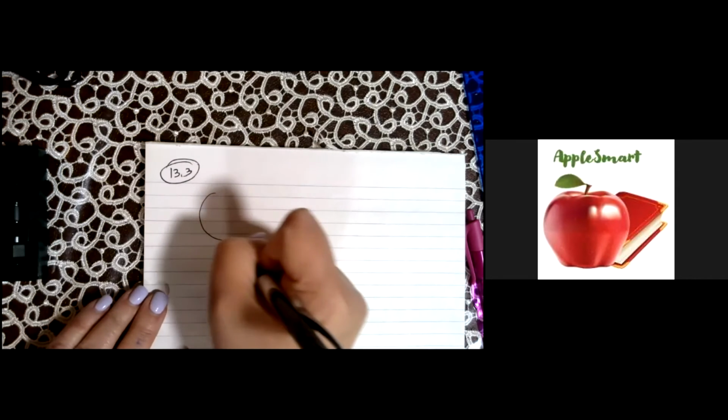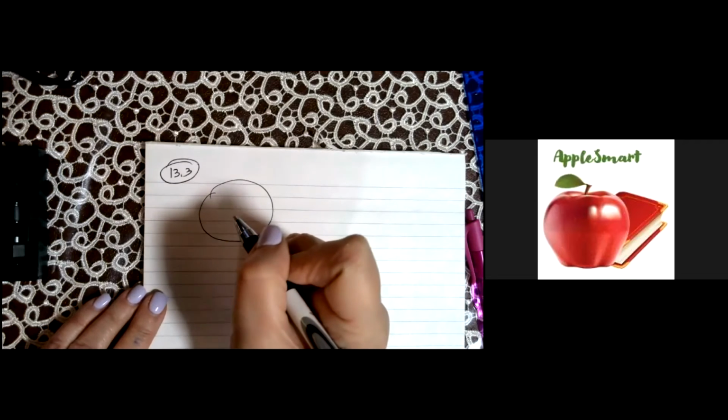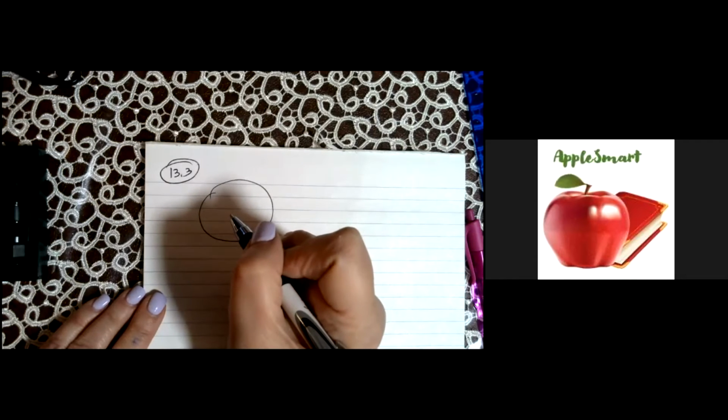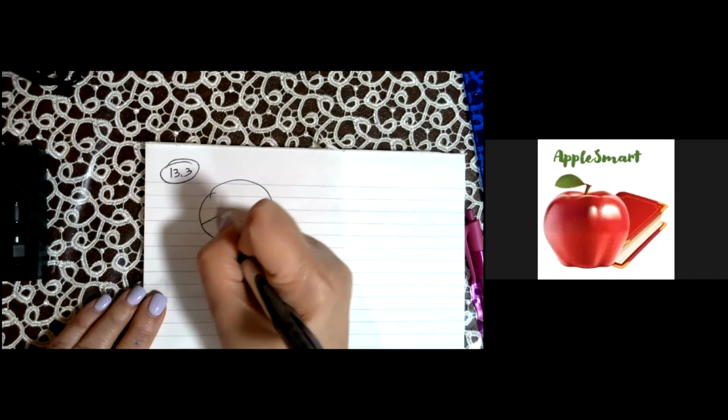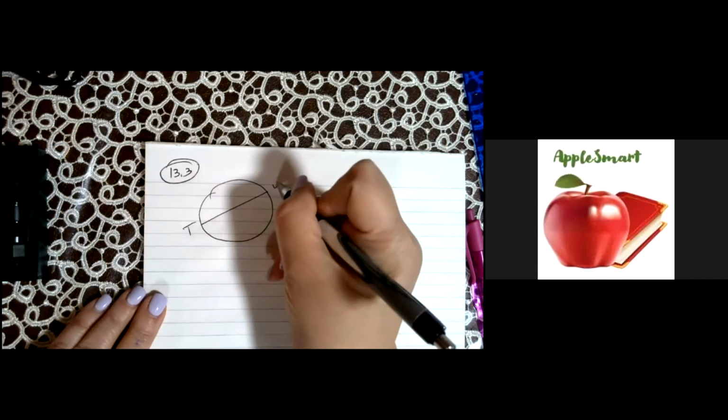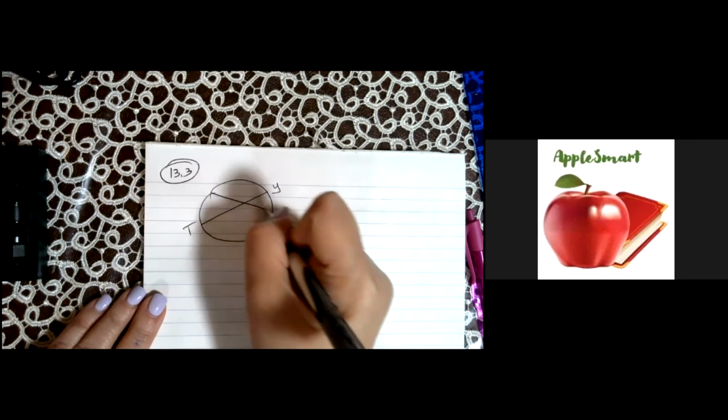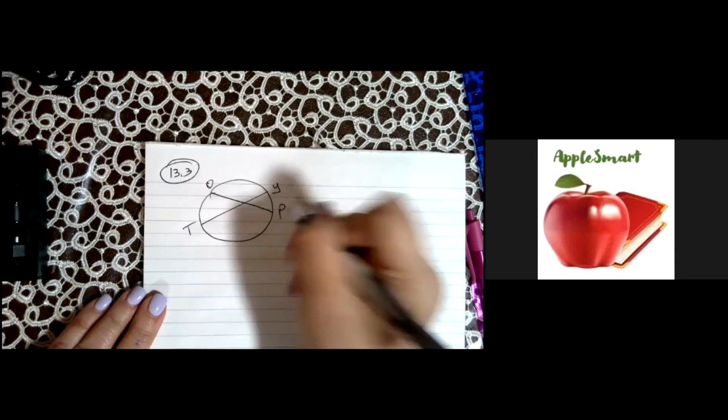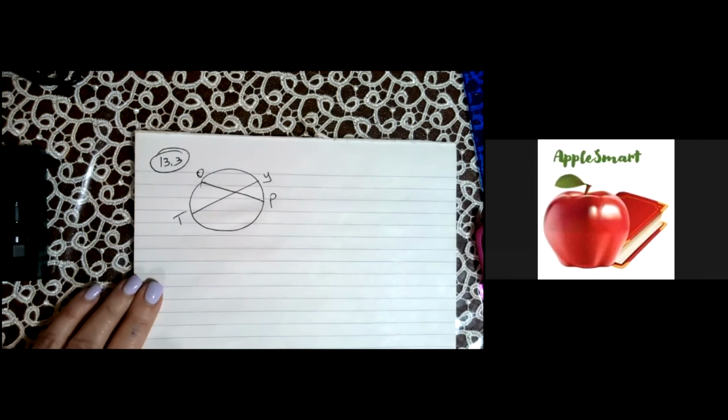We have two chords, TY and OP, that meet at point K, such that, okay, we have a circle again. This time they didn't give a diagram, so we'll make our own diagram.